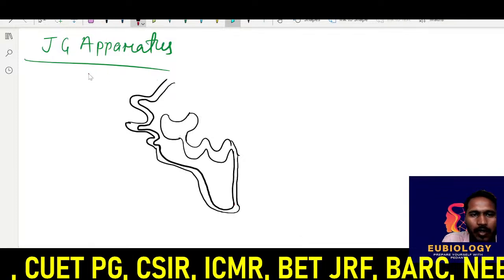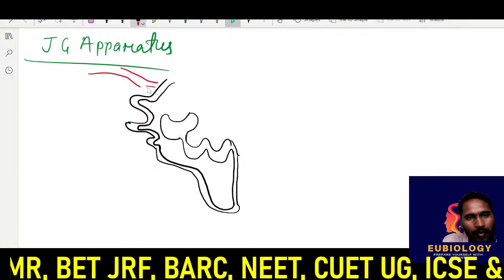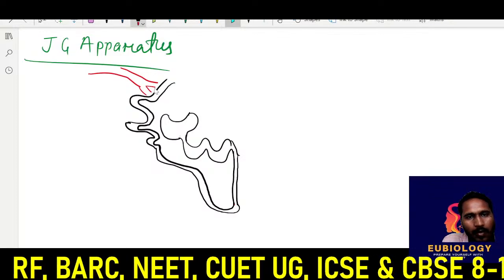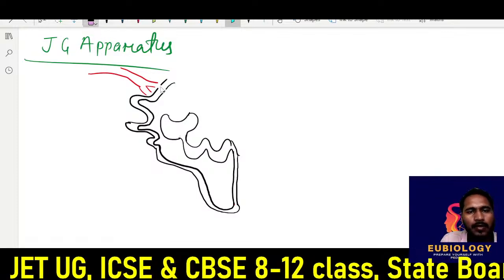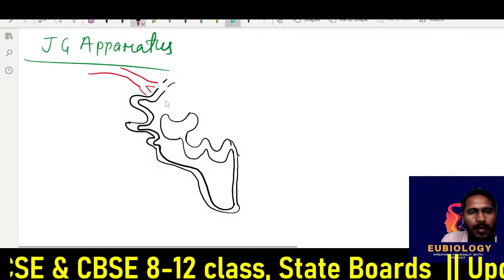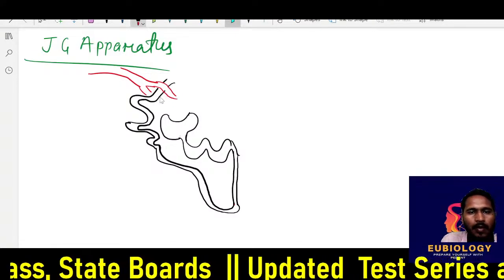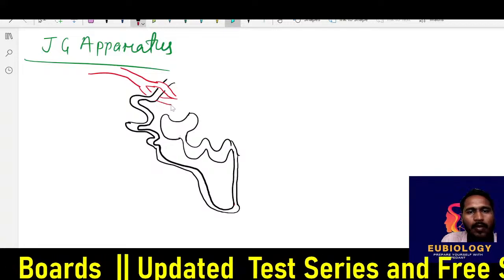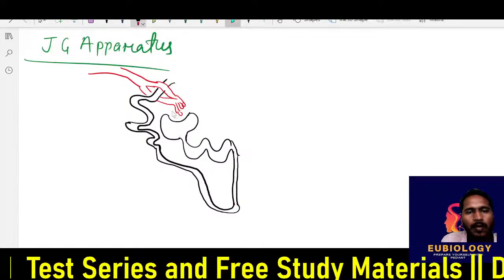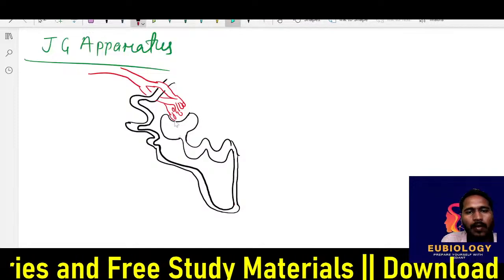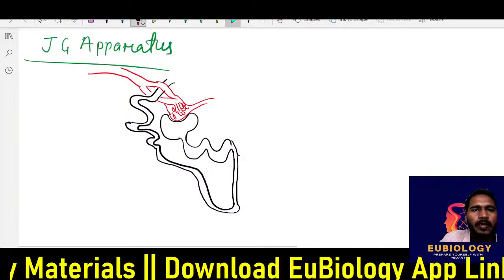This is your afferent arteriole, and this is your efferent.